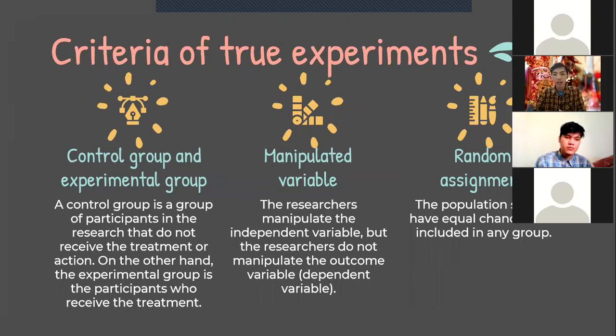On the other hand, the experimental group is the participants who receive the treatment. The second criterion is manipulated variable. The researchers can manipulate the variable, like the outcome, the dependent variable. The third criterion is random assignment. Population should have equal chance to be included in any group.